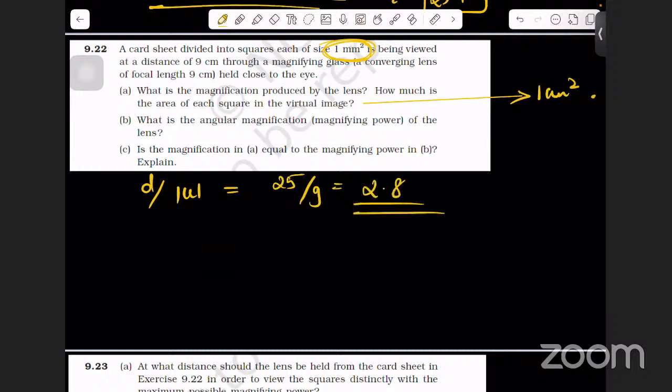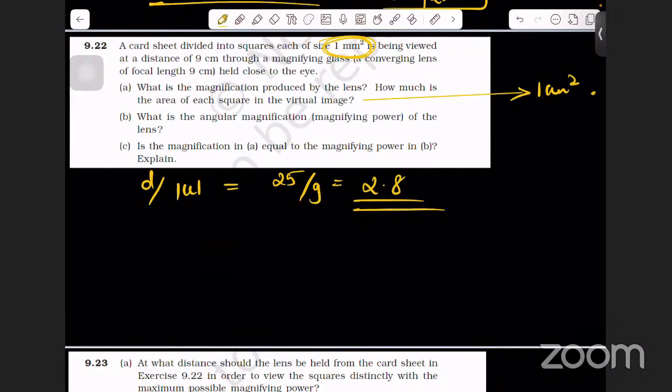And the third bit is asking, is the magnification in A equal to the magnifying power in B? Magnification in A we found out as 10, right? And the magnifying power we found as 2.8. So these two are not the same, okay?